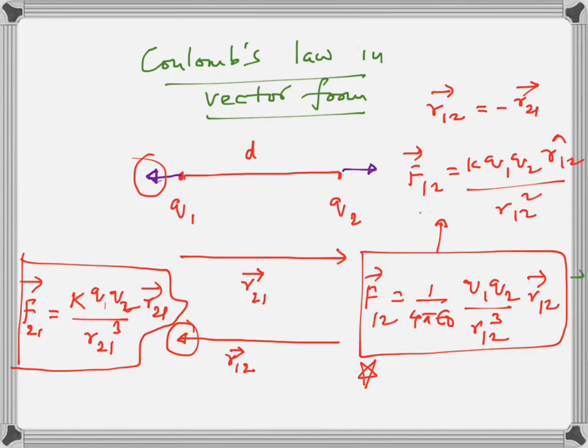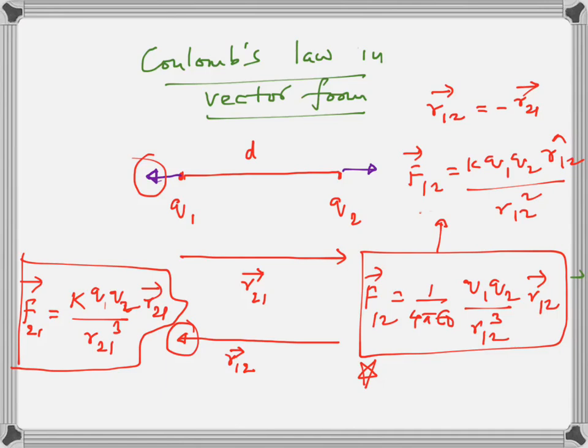Then if both are negative, again force will be repulsive. So when I substitute into the star, the expression which I have marked as star, both Q1 and Q2 are negative, but their product will be positive. So again F12 has same direction as R12. Now if one charge were positive and other were negative, the force would have been attractive.